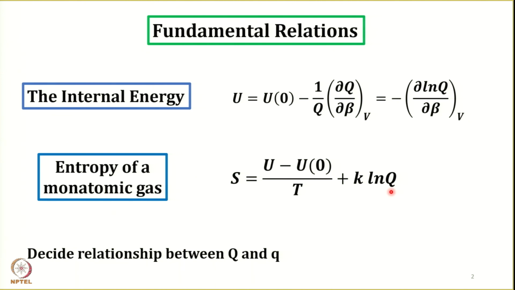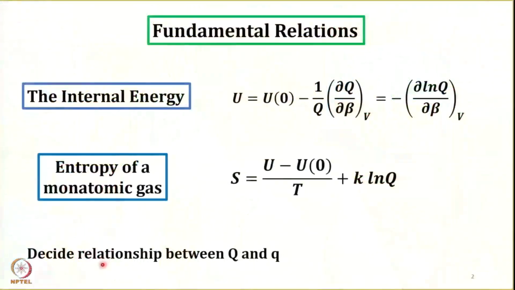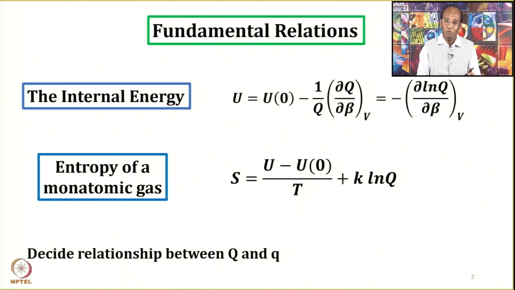Now, when we proceed further in connecting these thermodynamic quantities to other thermodynamic quantities, we need to decide the relationships between canonical partition function and molecular partition function. These relationships will depend upon whether the particles are distinguishable or indistinguishable.